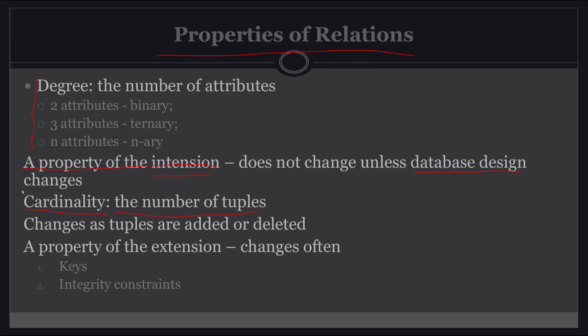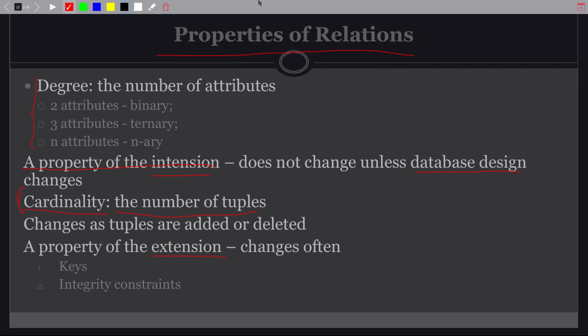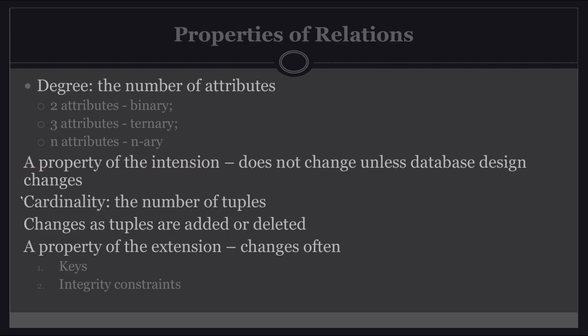On the other hand, the extension refers to the database state, the values of the specific records at a specific time. And this changes all the time as you add and delete tuples or modify them. And therefore, the cardinality of the relation will change a lot. So when you add tuples, the cardinality is going to increase. When you delete them, it's going to decrease.